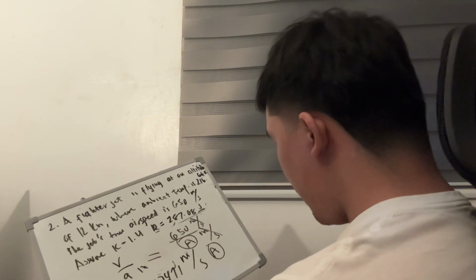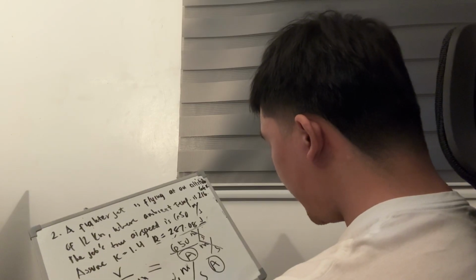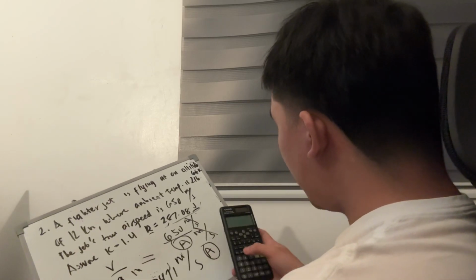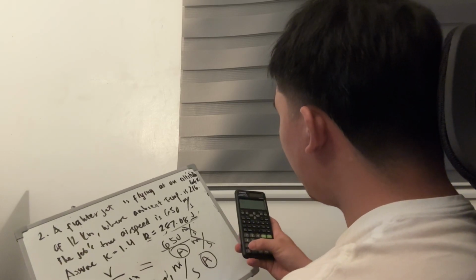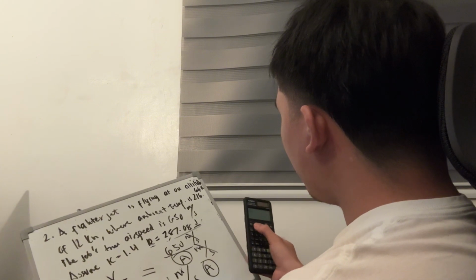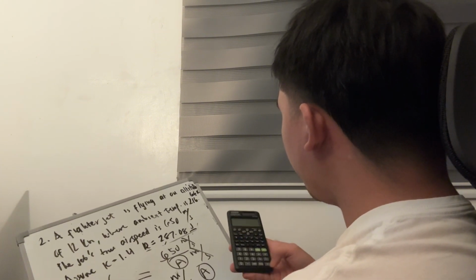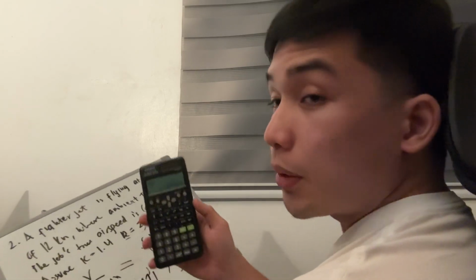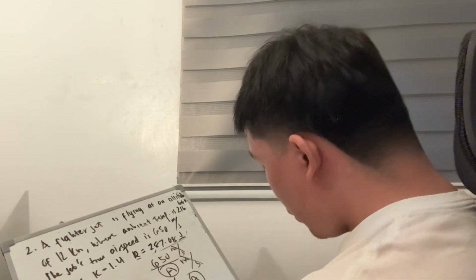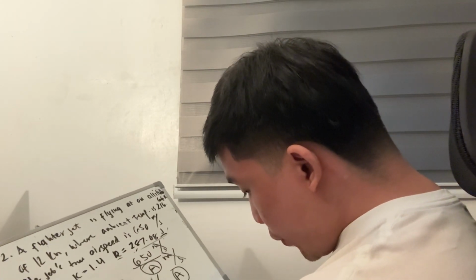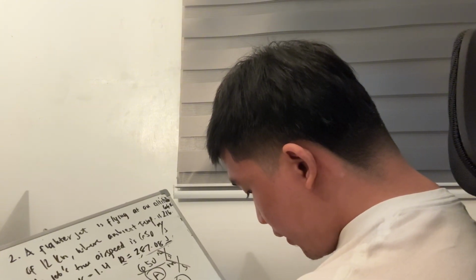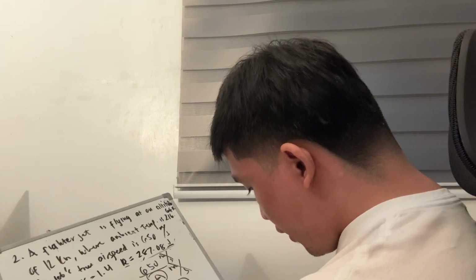So for our Mach number, we have 650 over A. For our Mach number, we have 2.2 something.